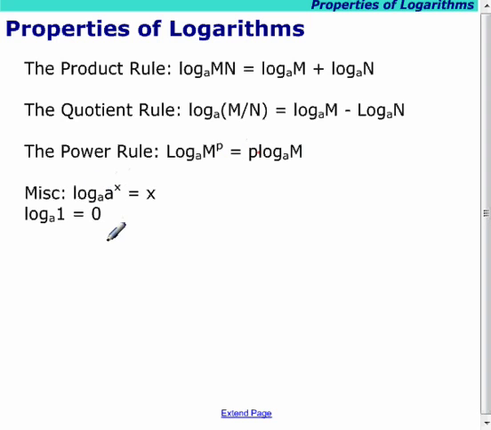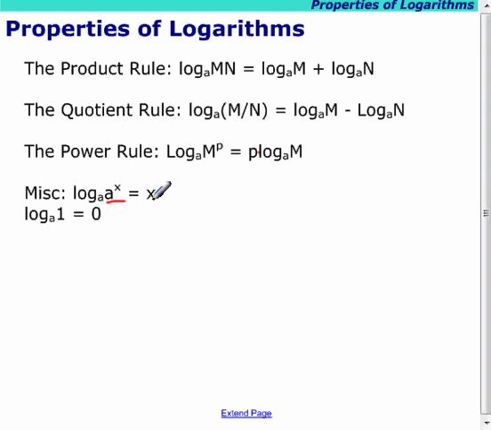Other sort of miscellaneous logarithm properties would be this one. If I'm taking the log base a, and if a is the base of my value here, then the result of this whole expression is simply x. It also makes sense when you read this as a logarithm. To what exponent is a raised in this expression?